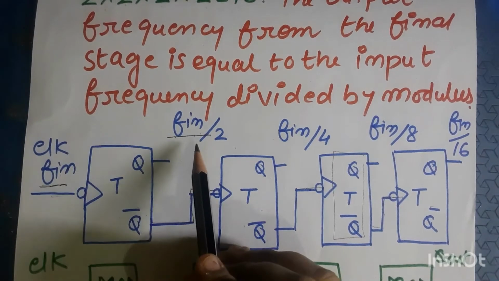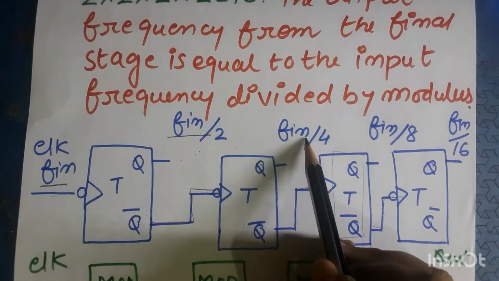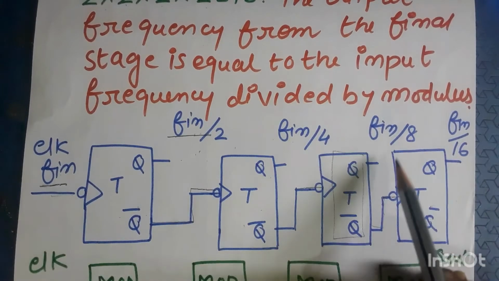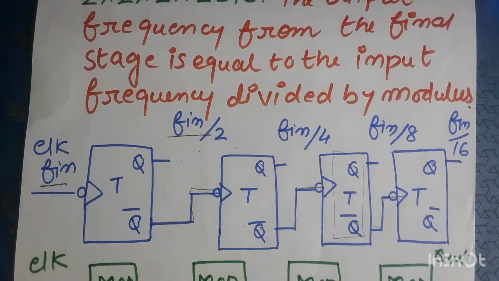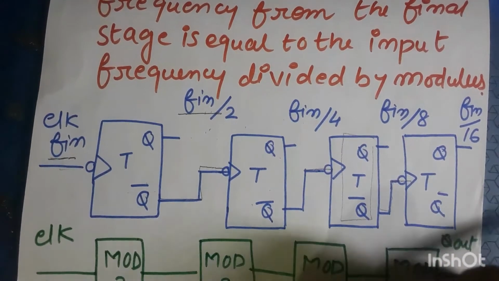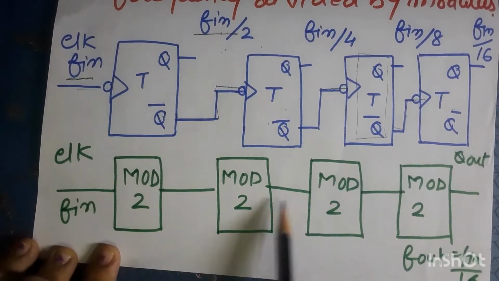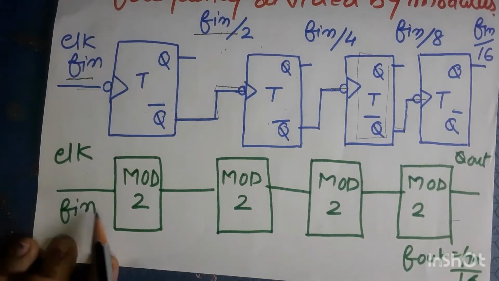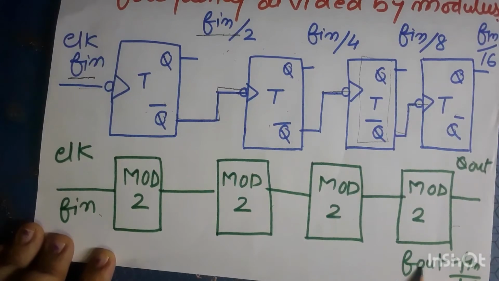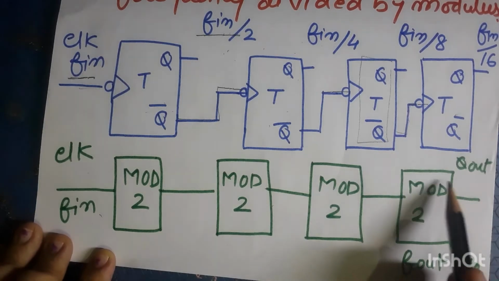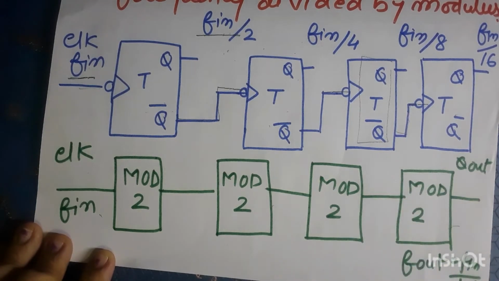So the frequency is getting divided: F in by 2, F in by 4, F in by 8, F in by 16. Here are the mode 2 counters, mode 2, mode 2, mode 2. The clock input is F in, and the final output is F in by 16. So the output frequency from the final stage of the counter is the input frequency divided by the modulus value of the counter.